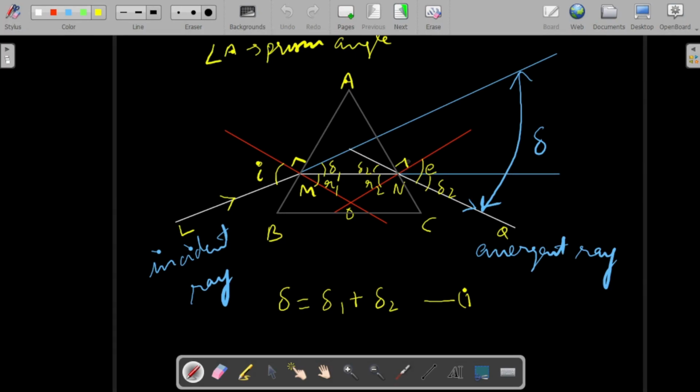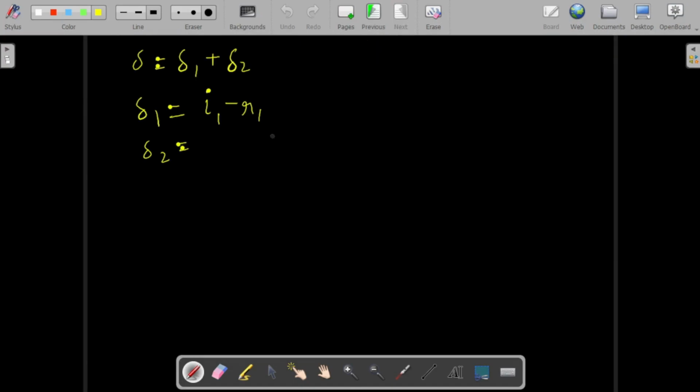Again by vertically opposite angles. So delta 2 will be E minus R2. So by putting these two values in the first equation, delta equals I minus R1 plus E minus R2.